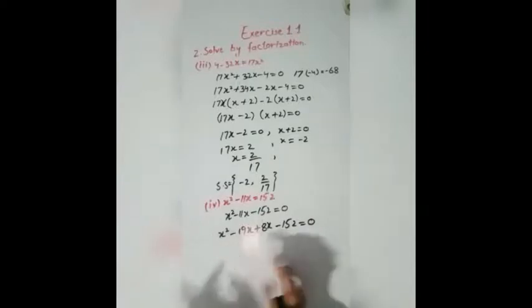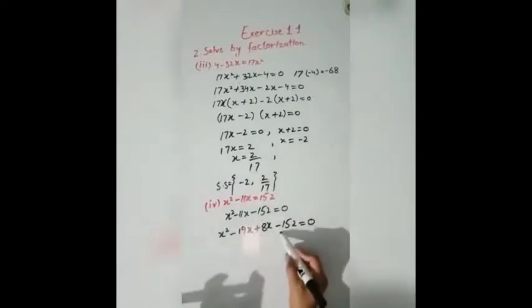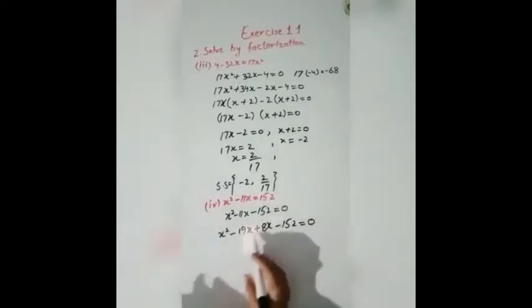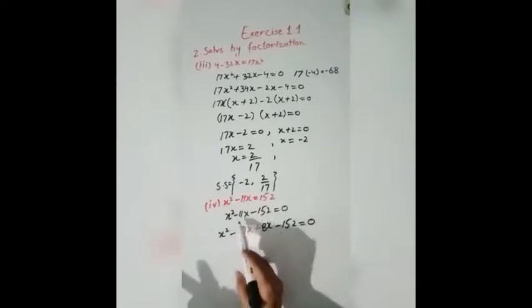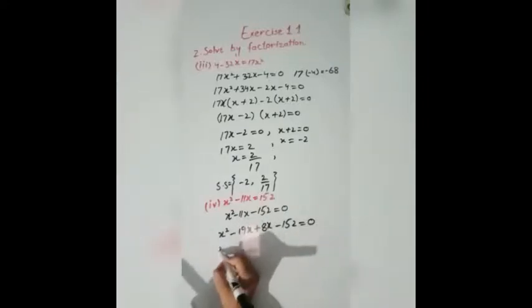If we multiply these two factors, we get minus 152, and if we add these two factors, we get minus 11x.